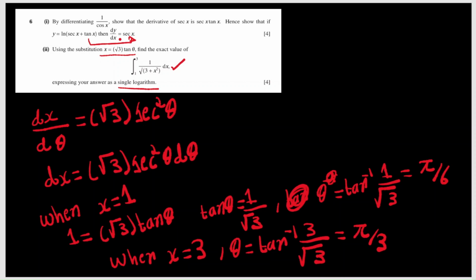So the integral of sec x is ln sec x plus tan x. If I differentiate this, I get sec x, and if I integrate sec x, I get this. So this is how it is done.